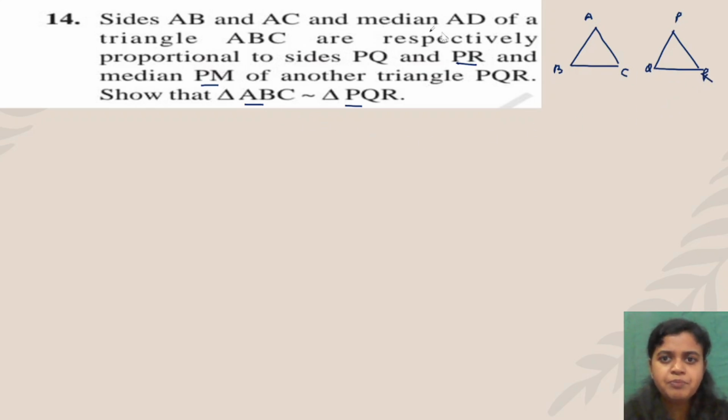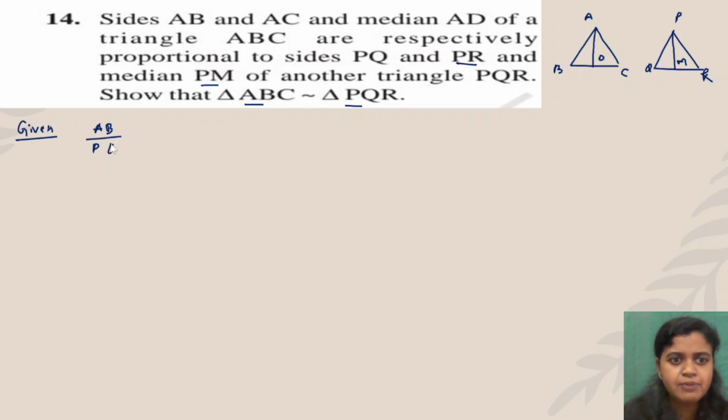Now median AD, so you have to draw a median AD. So this is AD, and PM is the median of triangle PQR. We first write what is given in the question. Given that in triangle ABC, AB is proportional to PQ, this side is proportional to this side.